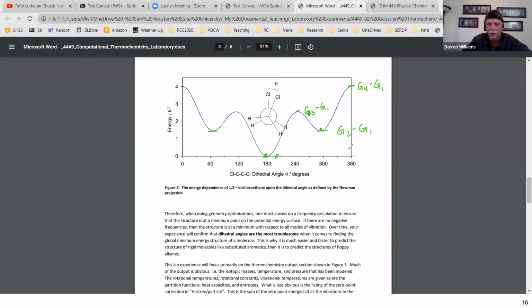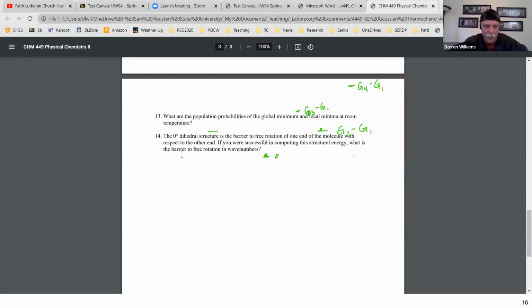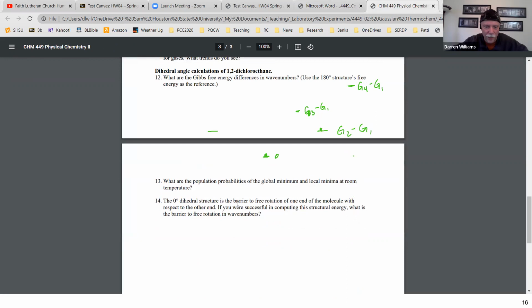Then you can take that difference in energy and answer this question up here. It says the 0 degree dihedral angle is the barrier to free rotation. What is the barrier to free rotation in wave numbers? So I'm just asking you, what is that G4 minus G0 in wave numbers? Okay, thank you. Yeah, that makes a lot more sense now.